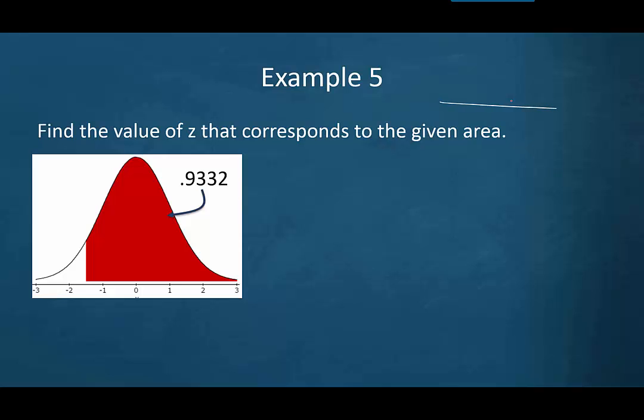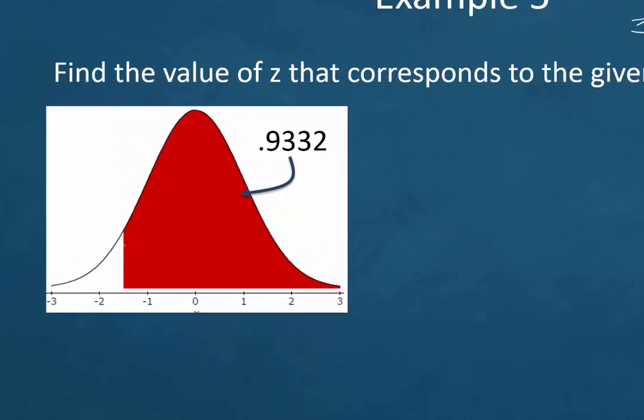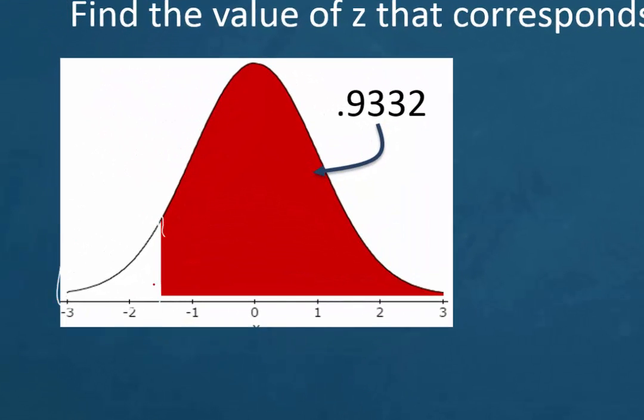Recall that our model for the calculator is the value shaded to the left. So we need to know this shaded area right here. I'm shading it in yellow. So that's the value we need.